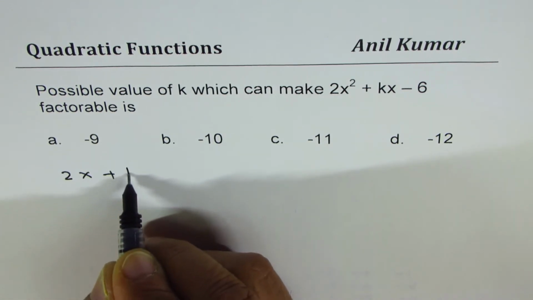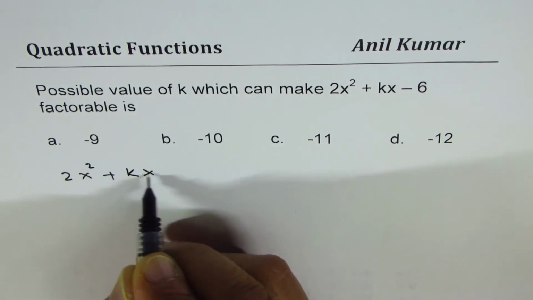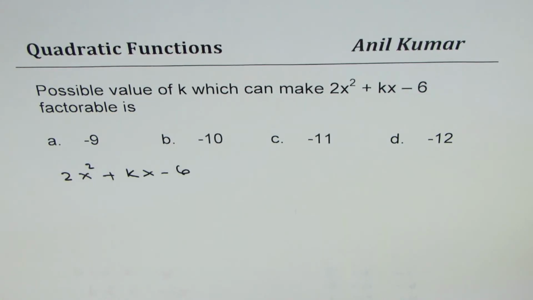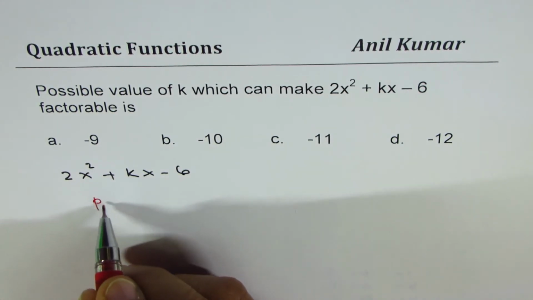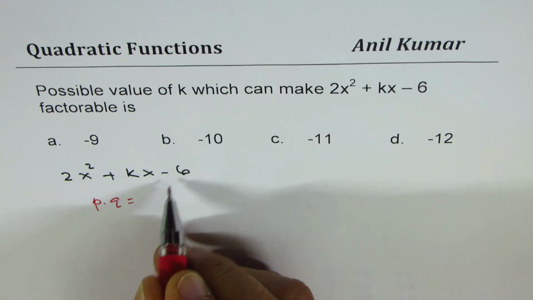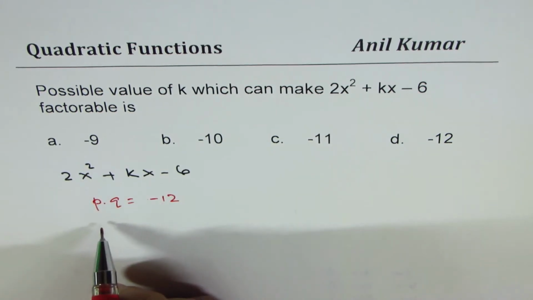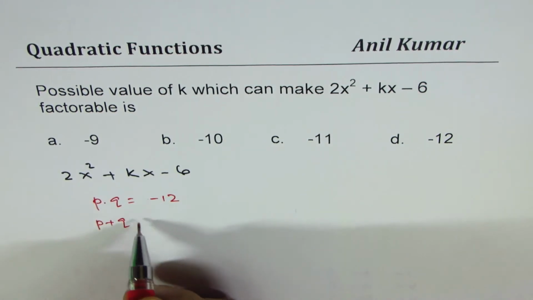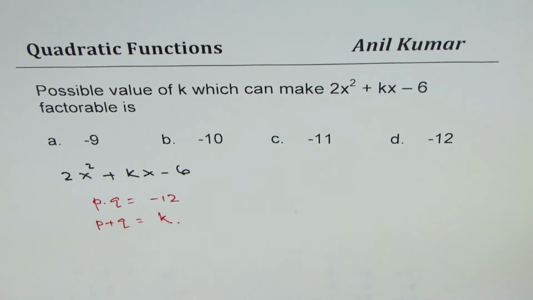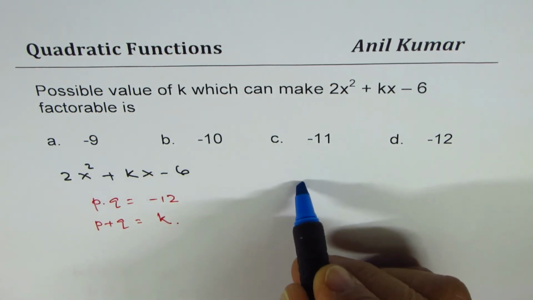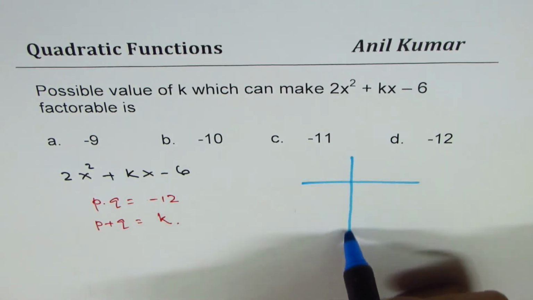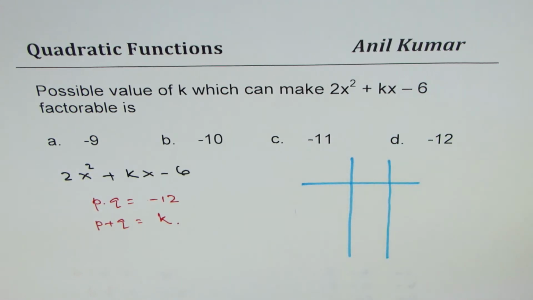So we have 2x squared plus kx minus 6. We are looking for the product of two numbers to be 2 times minus 6, which is minus 12, and their sum will be the value k for us, right? So let's find all possible combinations and then check or match, correct? Let's make 3 columns here.